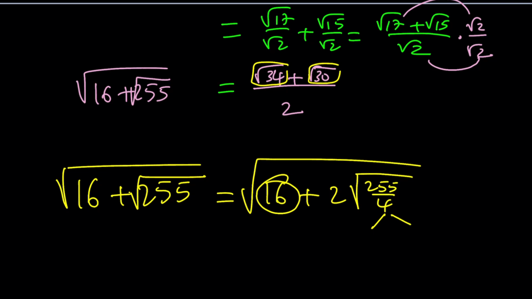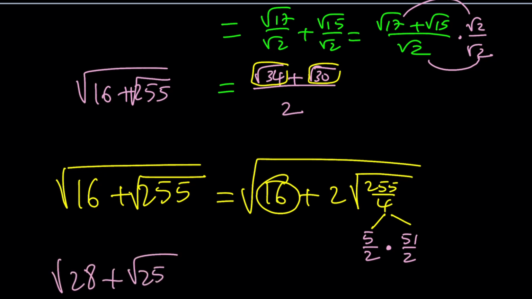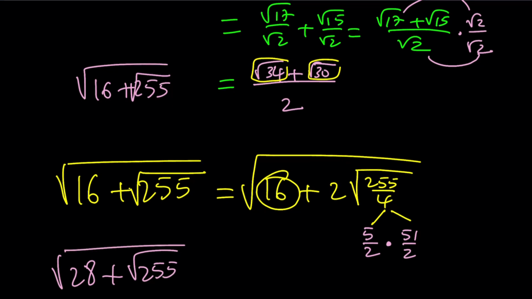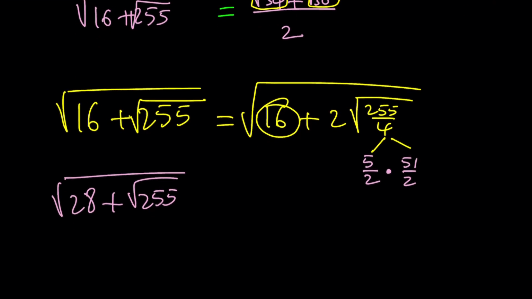Okay, 255, and I want the sum to be 16. 5 times 51 will work. The problem with that is their sum is 56 over 2, which is 28. By the way, this is also denestable. I just realized, but it gives you a different answer. That's not what we're looking for, right?